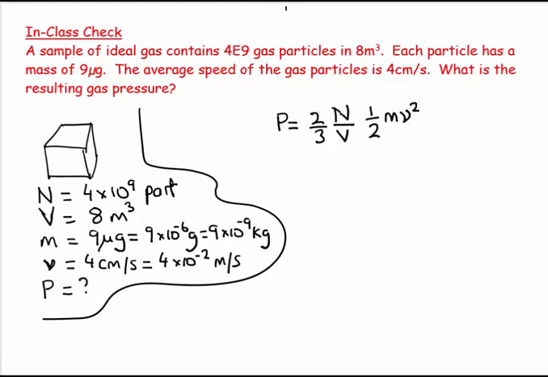And just so you realize, this is a kind of weird equation where they've messed with it. The actual thing they got out of the math was 1/3 n over v times m little v squared. And then somebody came along and said, you know, m times little v squared is a bit like kinetic energy, but kinetic energy is a half times m times little v squared.